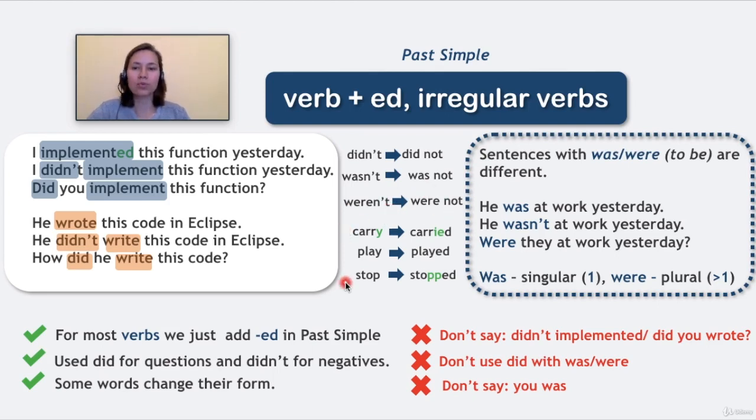And now with regular verbs, when you add ed to the verb, sometimes you need to change little things in the verbs, like the last letter in the word or whatever. So let's see, if you have the word carry, which ends in the letter Y, then the past form will be carried, and pay attention to this change.